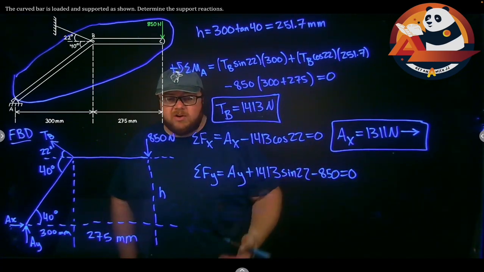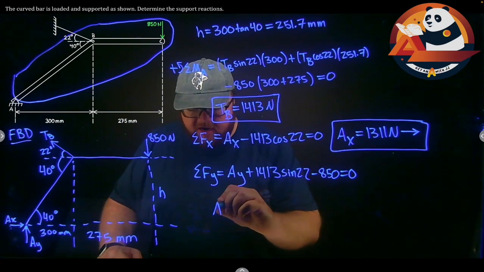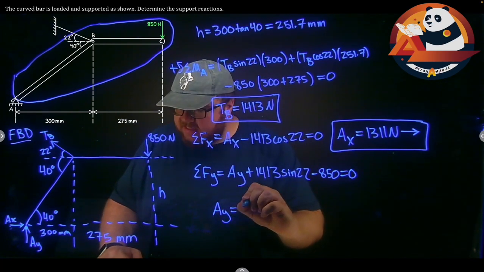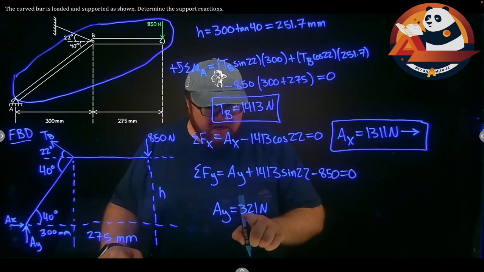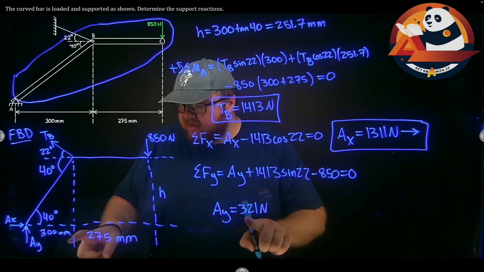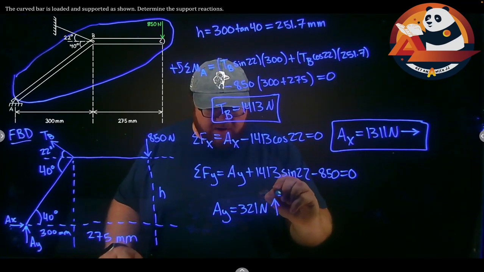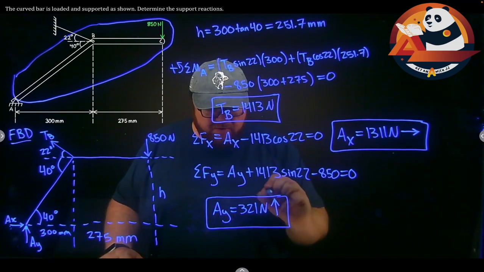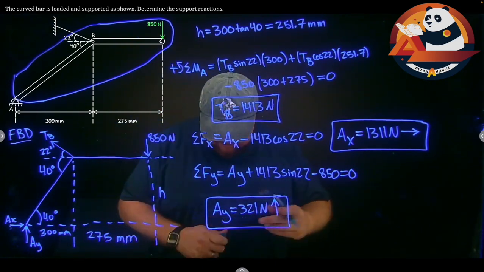AY is the only unknown in this equation. I can solve for AY. I should get AY is a positive 321 newtons. Because this solves to be positive, it means I guessed the right direction here. It is going up, just like we assumed. So we'll report our answer as a positive with the correct direction on it.